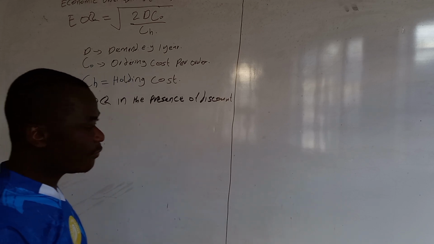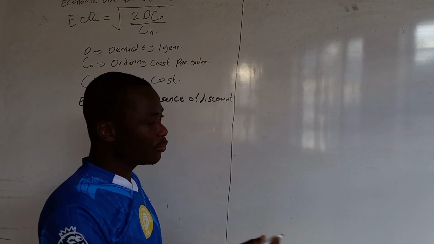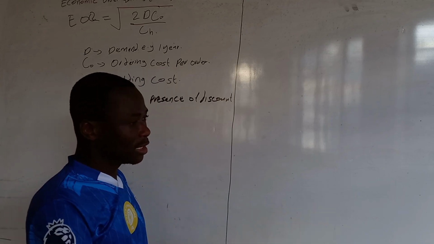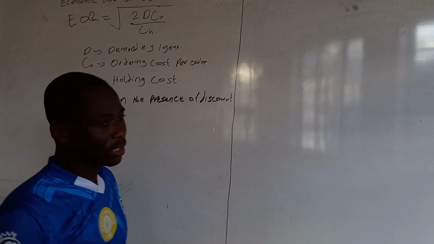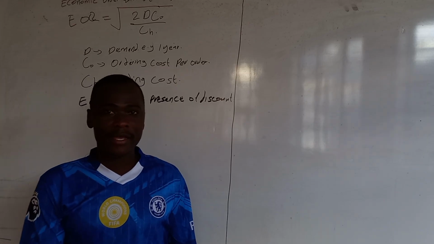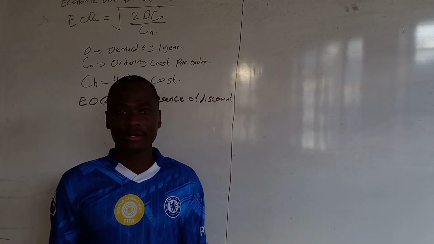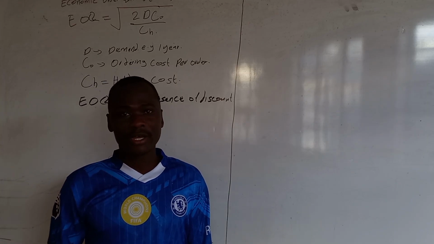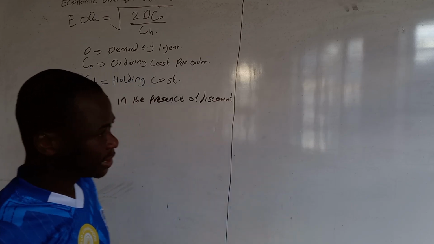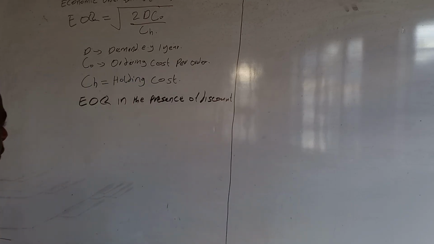The decision therefore would be, should I go on with my economic order quantity procedure, or put this aside and take this discount that I've been given. So that's what we are going to look at now.